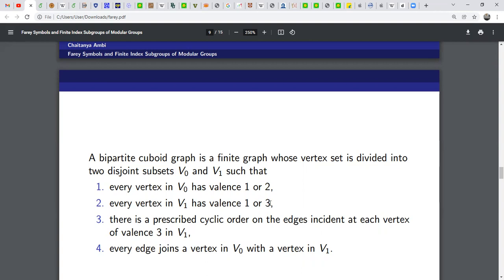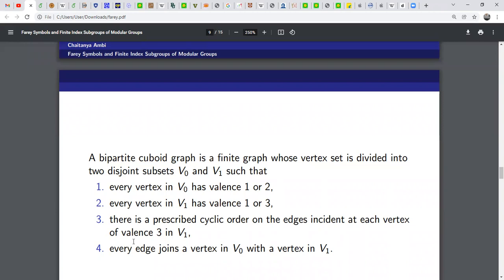And for Z mod 3, the valence is 1 or 3. And the prescribed cyclic order exactly corresponds to the order in which the generators are specified. And every edge joins a vertex in V0 with a vertex in V1. That is precisely the definition of the graph being bipartite.